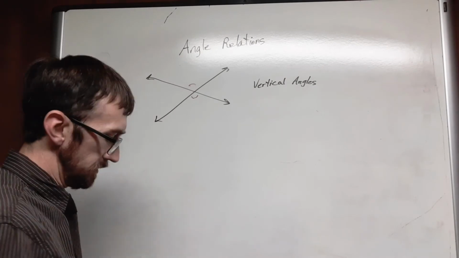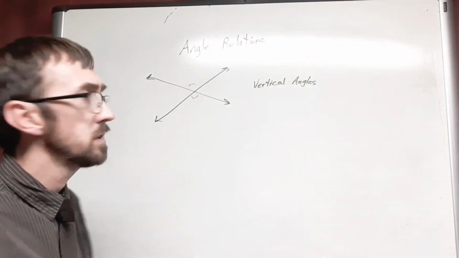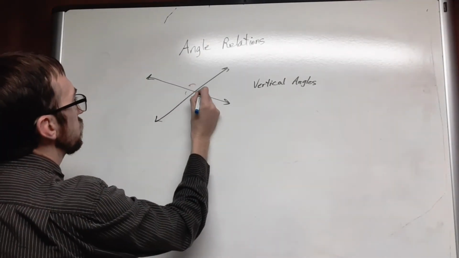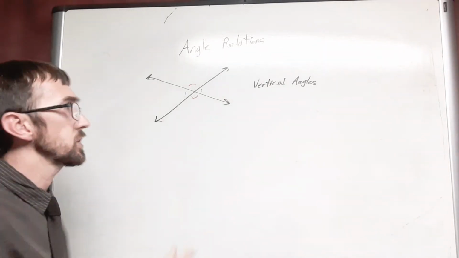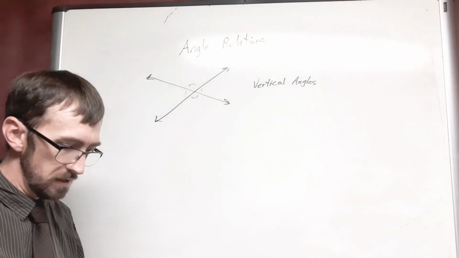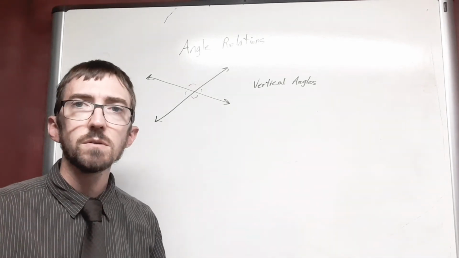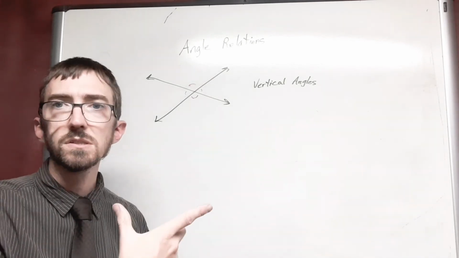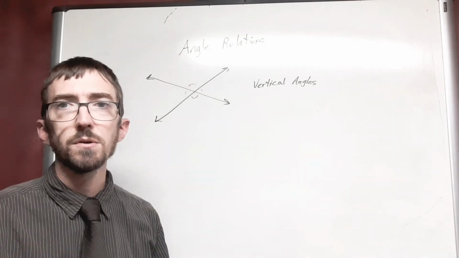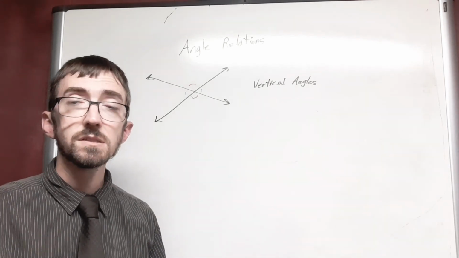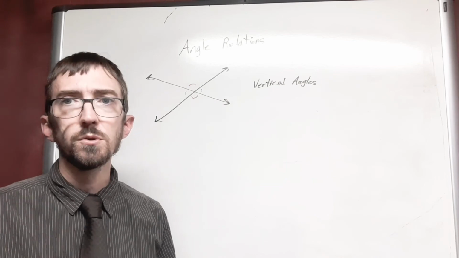Also, the other angle measures here are congruent to each other, but not necessarily to these. And there is a theorem for that, the vertical angles theorem, and that theorem tells us specifically this property with the vertical angles, and that's something that you should prove.